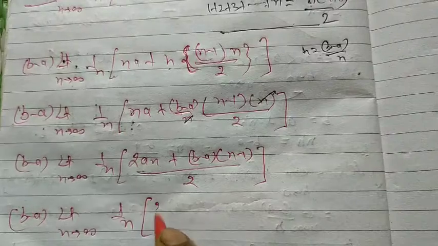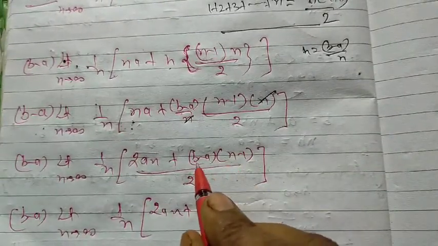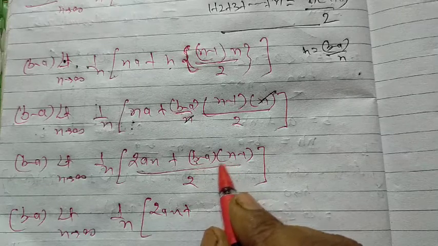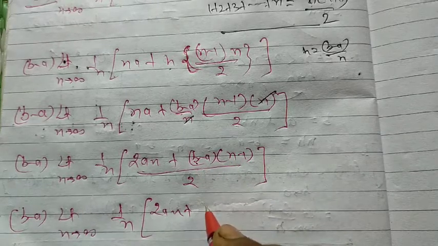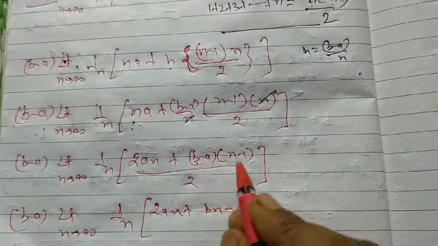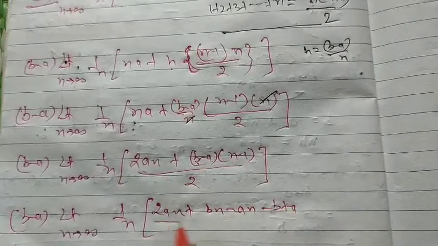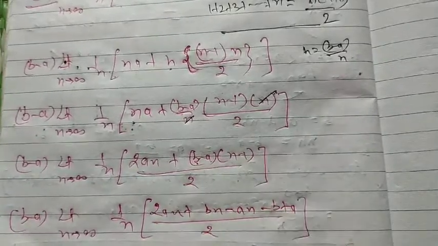Now see here, 2an plus, simplify it here, b minus a into n will be bn minus an. Now b minus a into minus 1, so it will be minus b plus a, whole upon 2.